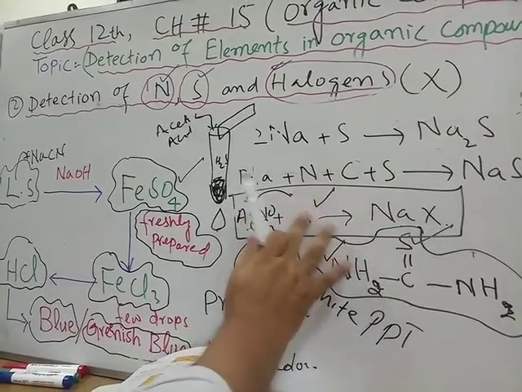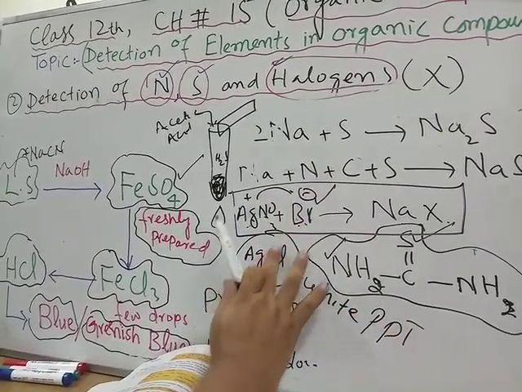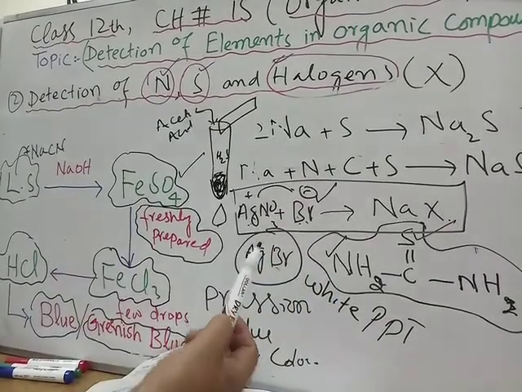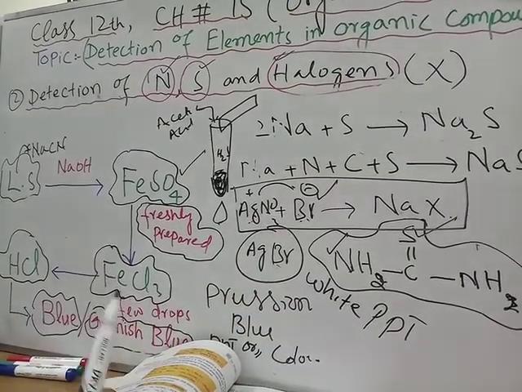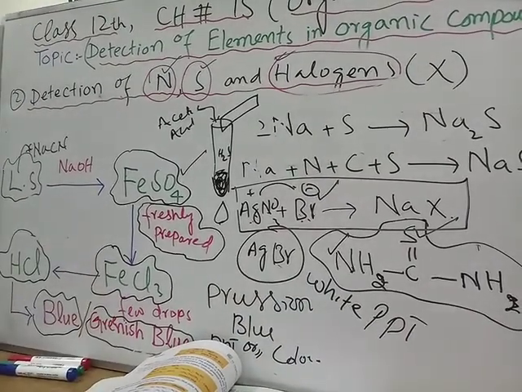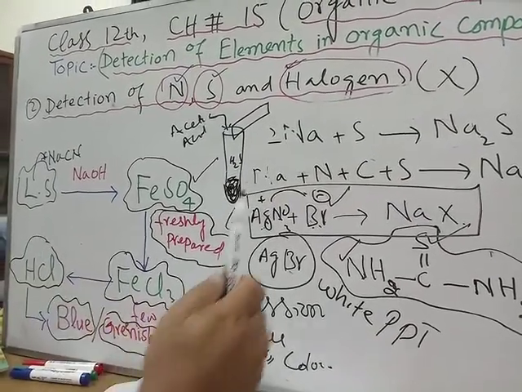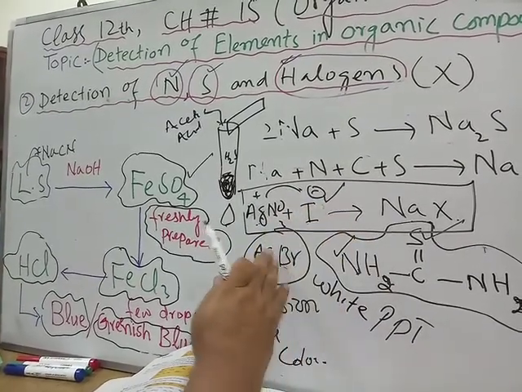If bromide ions are there, then AgBr will be obtained and it has a pale yellow, or you can say off-white, color precipitate. But if a bright yellow precipitate is obtained, that will indicate the presence of iodide ions.